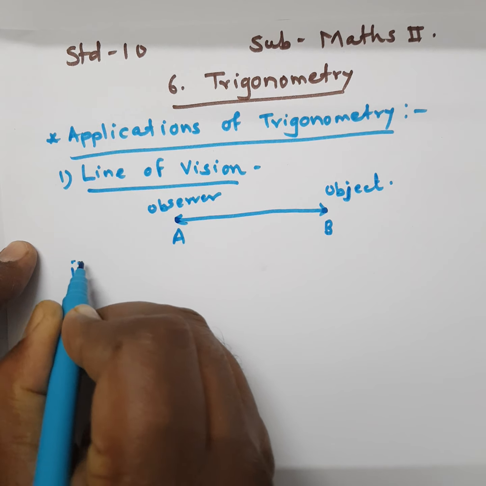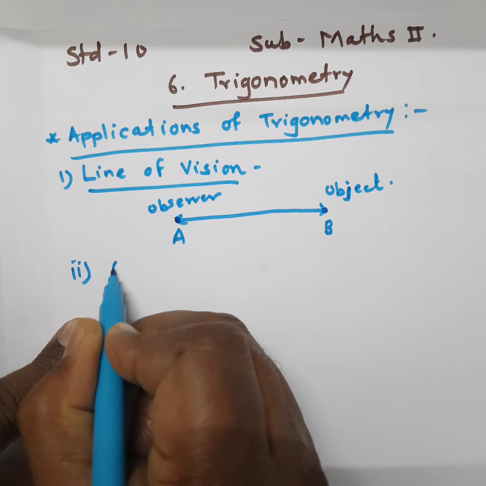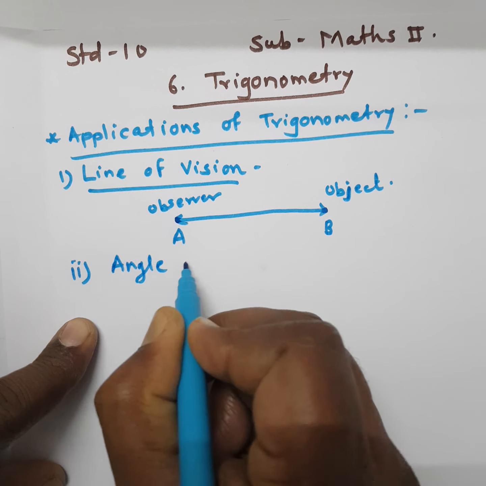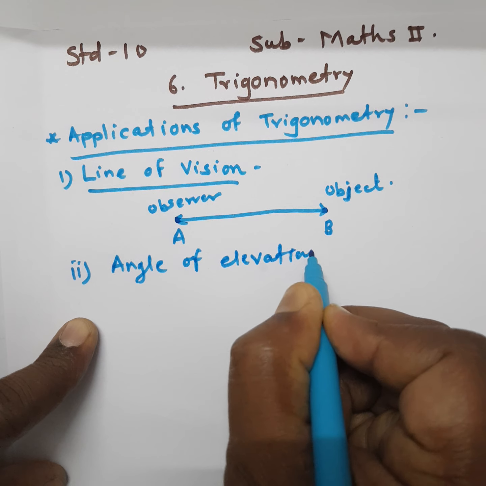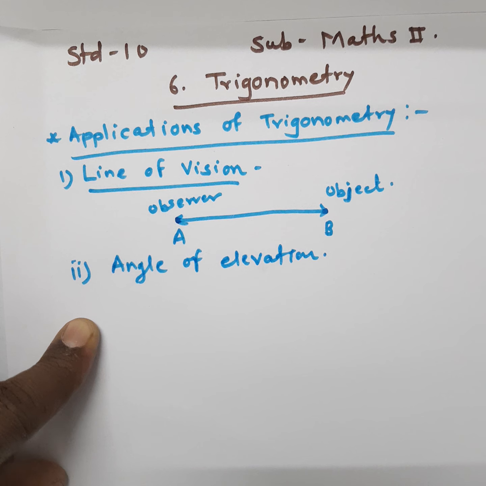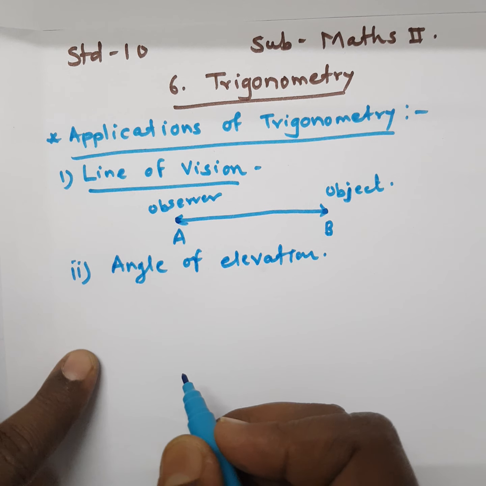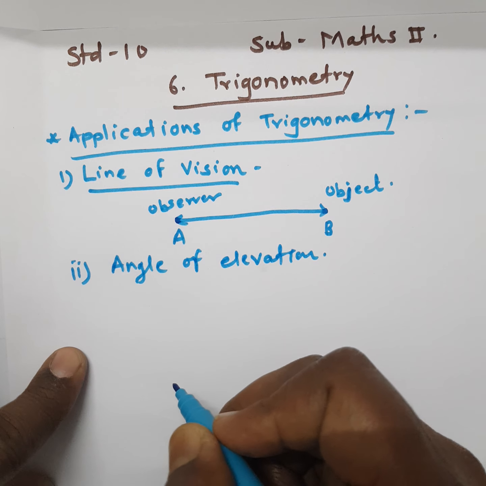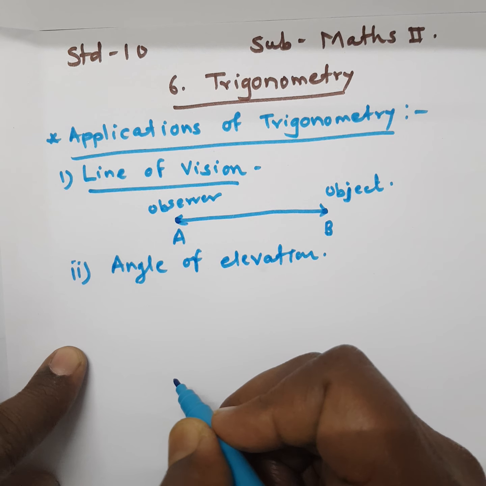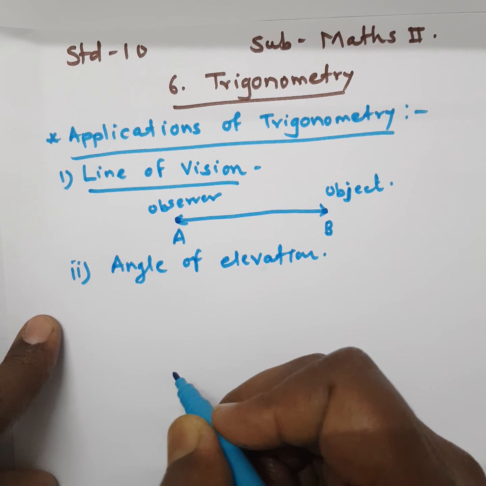Then the second term is angle of elevation. Suppose here the observer is at A, observing the point B which is at a higher level than A, and AM is the horizontal line.